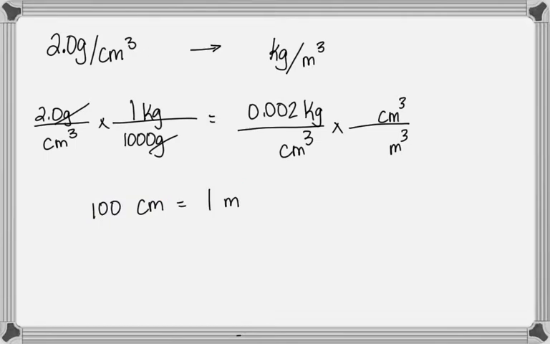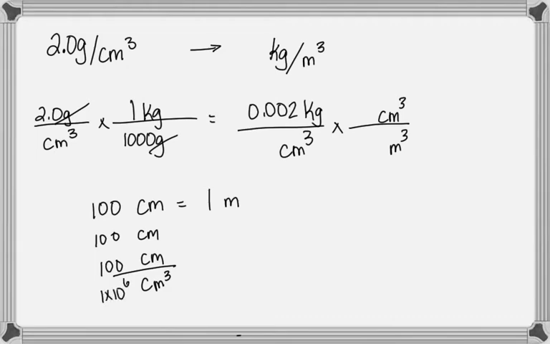Okay? So if you're going to cube the unit, a centimeter times a centimeter times a centimeter will be centimeters cubed. That means I also have to say 100 times 100 times 100. And 100 times 100 times 100 is 1 million. So I'm going to write that as 1 times 10 to the 6.